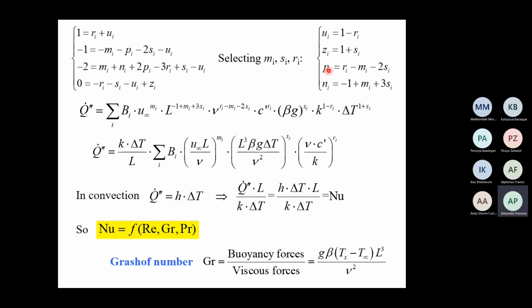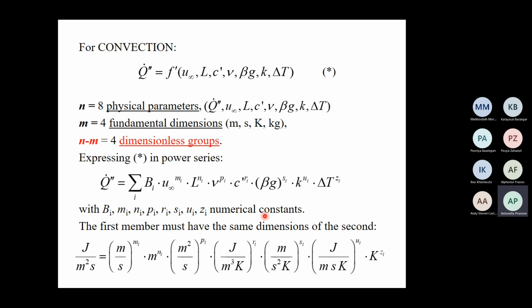Why do we want to write U as a function of R, S, M, Z the same, P and M the same? We go back to the first power series.